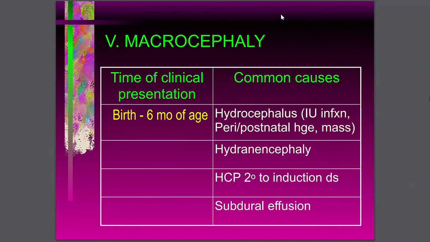In hydranencephaly, the whole skull is filled with cerebrospinal fluid and very small amounts of brain tissue. Unlike in congenital hydrocephalus, where the brain tissue is present but compressed by the very large volume of cerebrospinal fluid. So that is the main difference between hydranencephaly and congenital hydrocephalus.